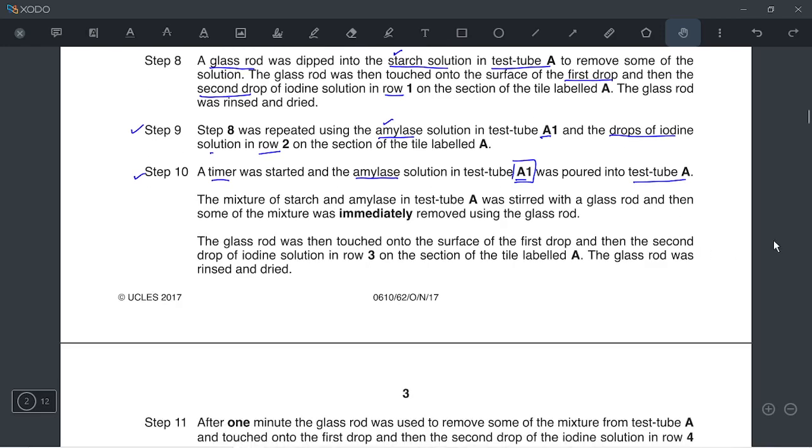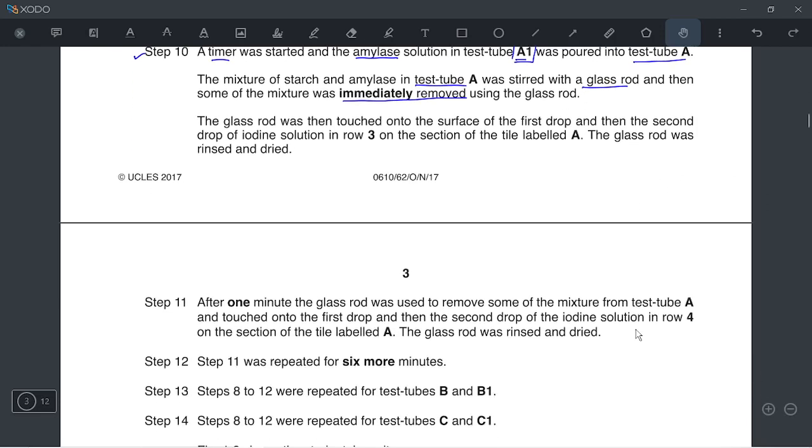The mixture of starch and amylase in test tube A was stirred with a glass rod, and then some of the mixture was immediately removed using the glass rod. The glass rod was then touched onto the surface of the first drop and then the second drop of iodine solution in row 3 on the section of the tile labeled A. The glass rod was rinsed and dried.